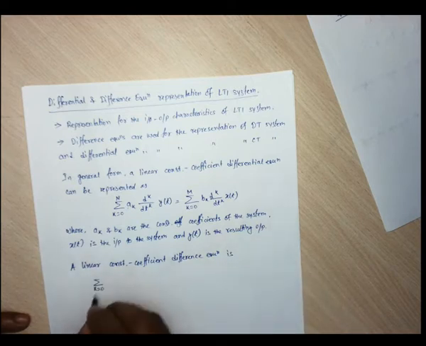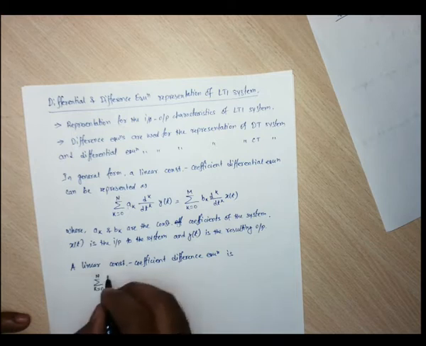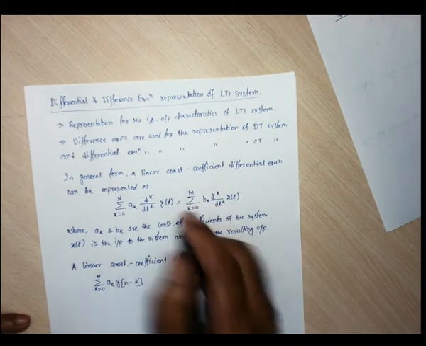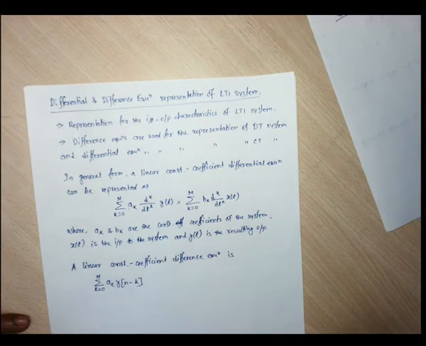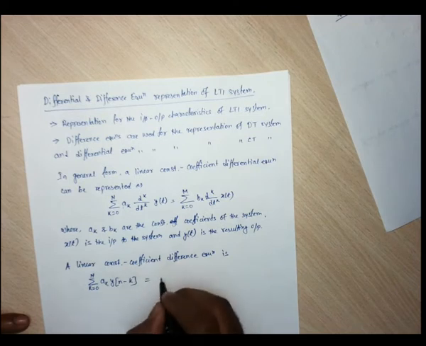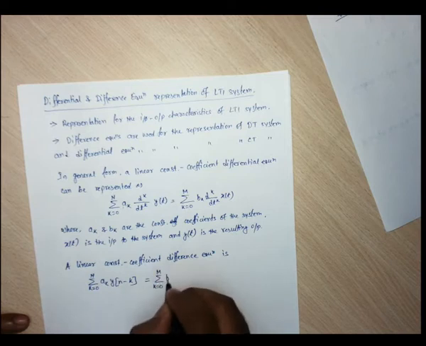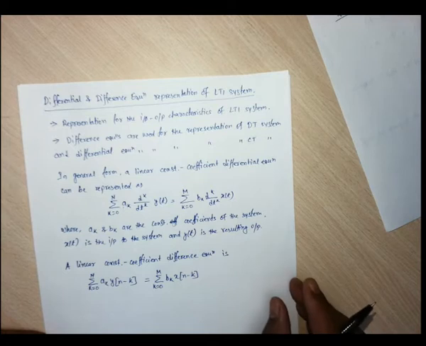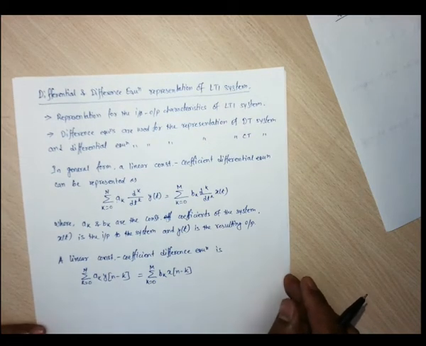Summation k equals 0 to N, a_k y[n minus k]. Now here this differentiation is replaced by delayed values of y[n] and x[n]. Now what are this N and M?